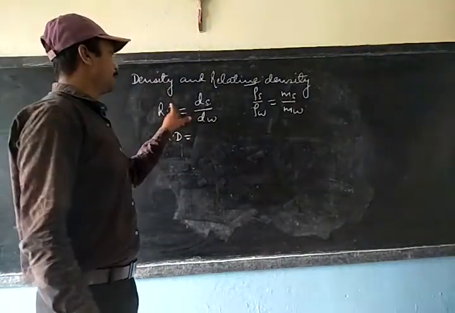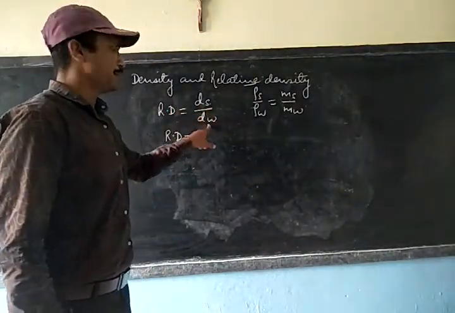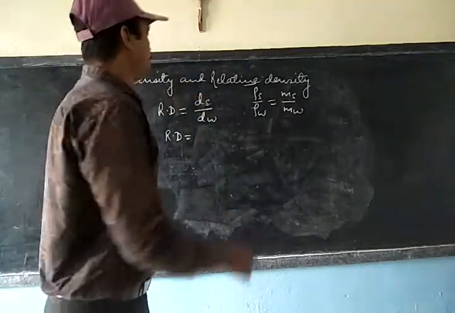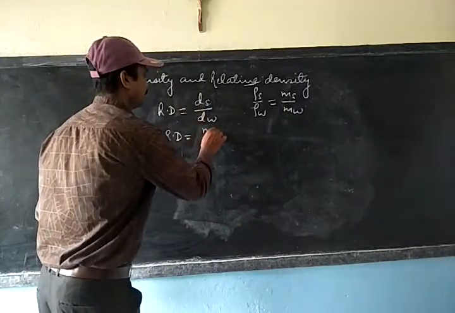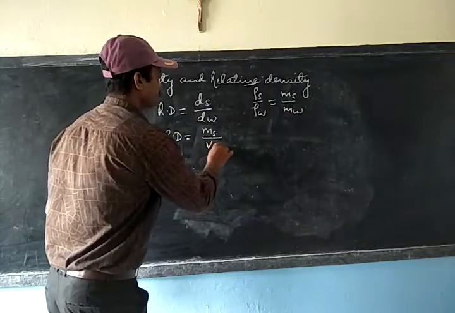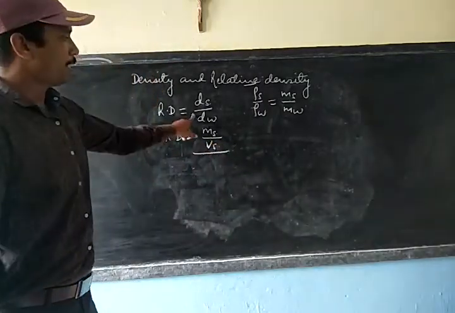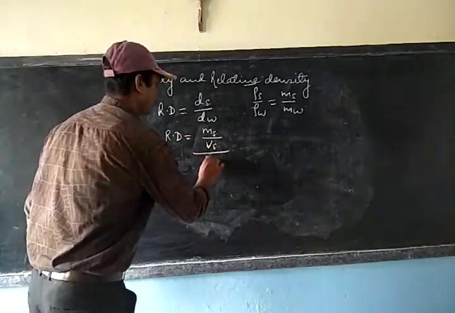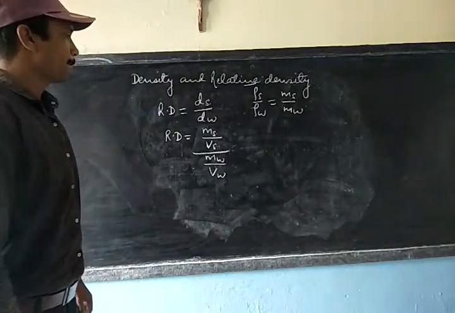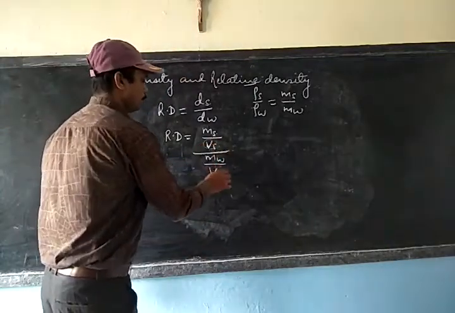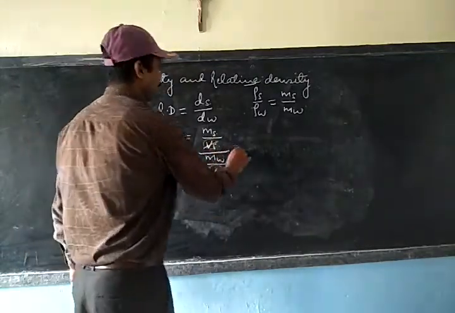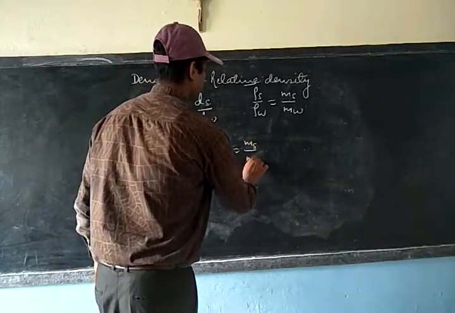Since we know the relative density is density of substance by density of water, and we know density is equal to mass by volume, this can be written as mass of substance by volume of substance, divided by mass of water by volume of water. Now since the volume of water and the substance are equal, we will get mass of substance by mass of water.